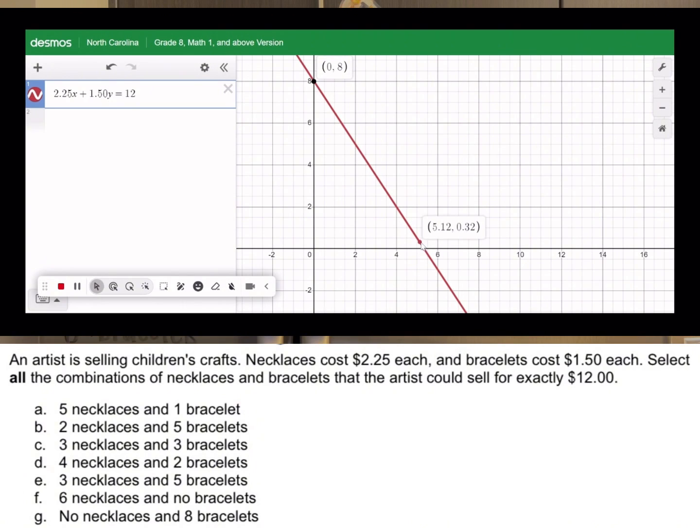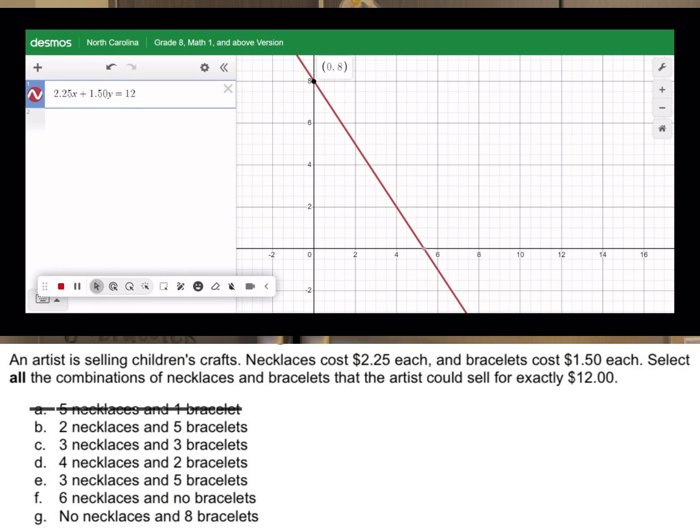When I have 5 for my X, I have 0.5 for my bracelets. So when I buy 5 necklaces, I can only buy 0.5 of a bracelet and still have $12. My problem is saying 5 necklaces and 1 bracelet. We don't round up unless it tells us to, so that's not a combination, okay?